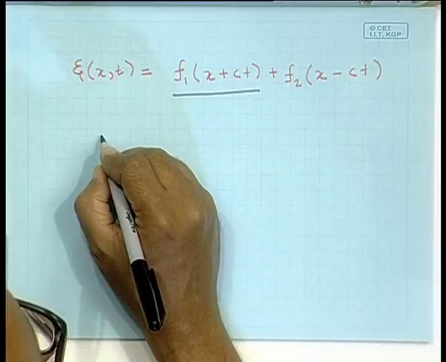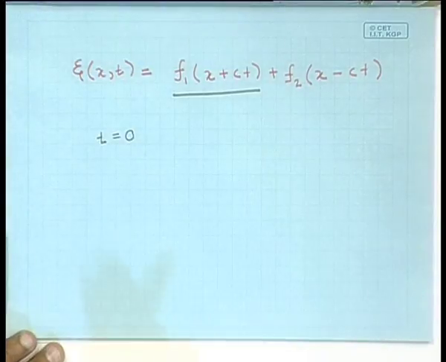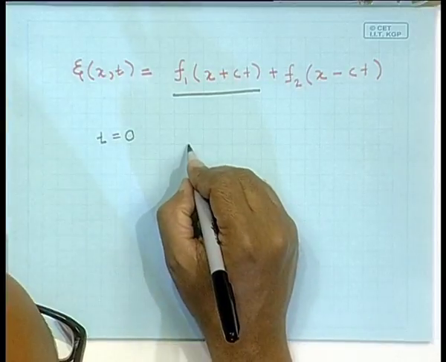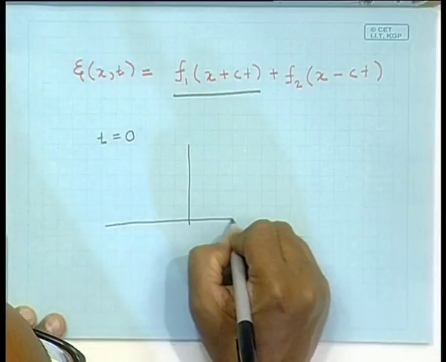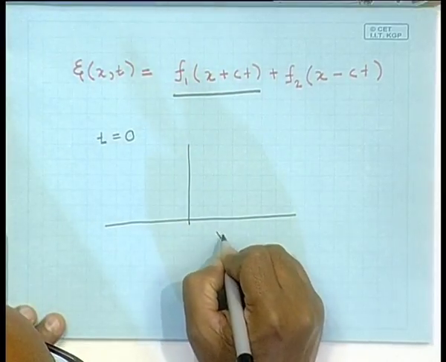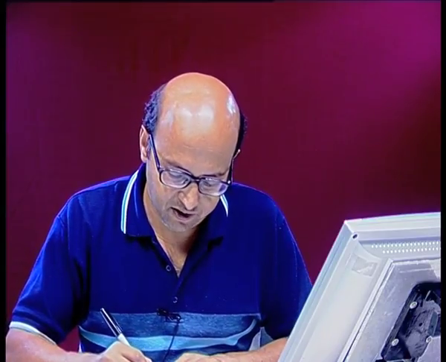So at t equal to 0, let us plot this function. f1 could be some arbitrary function which is differentiable, and we would like it to vanish far away. You could choose any function that you wish. I will ask you to plot a function of your choice, and I will plot a function of my choice. The function that I will plot looks something like this.